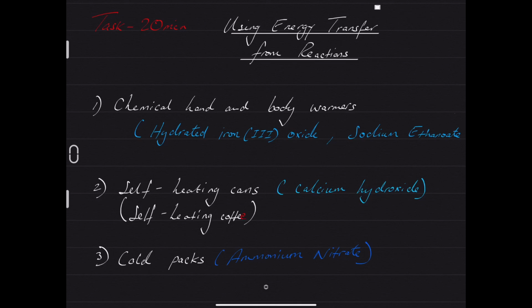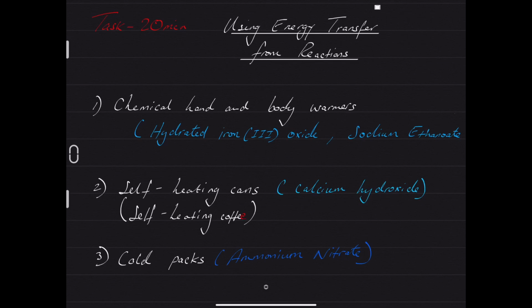I want you to do a quick research for this. Look at how this product was produced and how effective it was. And I want you to tell me what type of reaction, was it endothermic or exothermic, that was being utilized in self-heating cans or self-heating coffee cans.